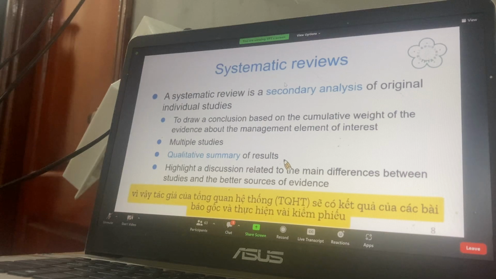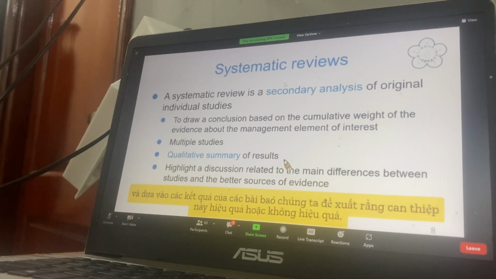So the author of the systematic review would gather those original articles and then do some vote counting and say, based on the results of these articles, we propose that this intervention is effective or not effective.